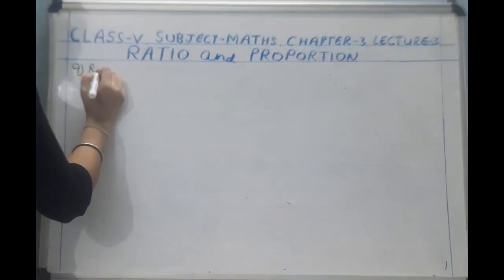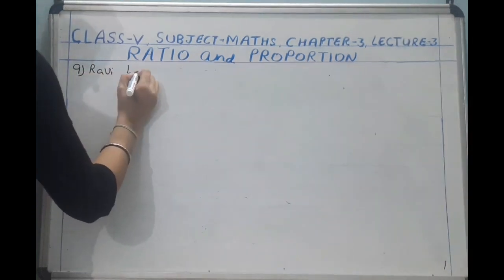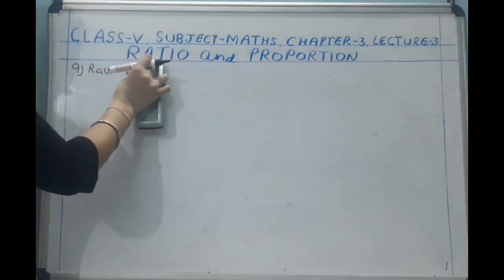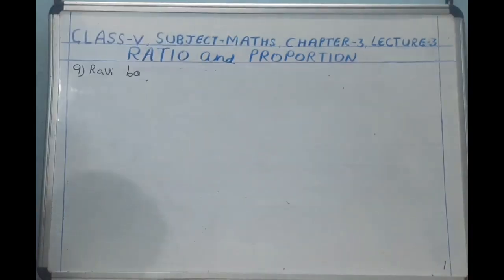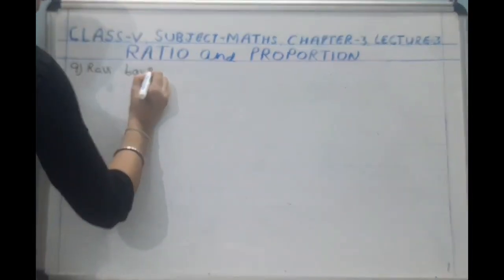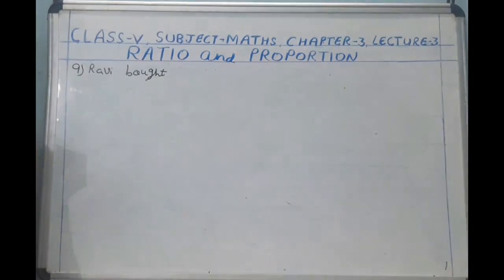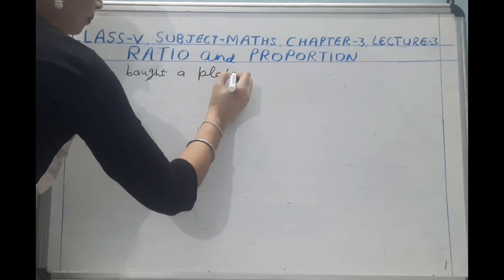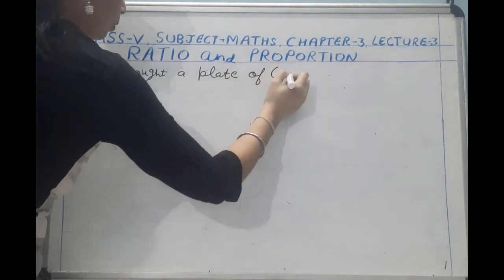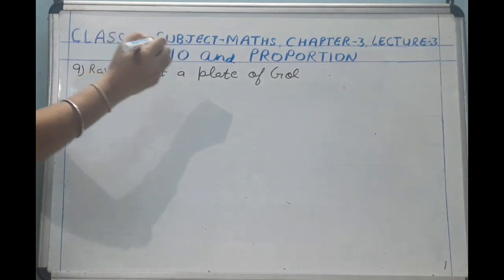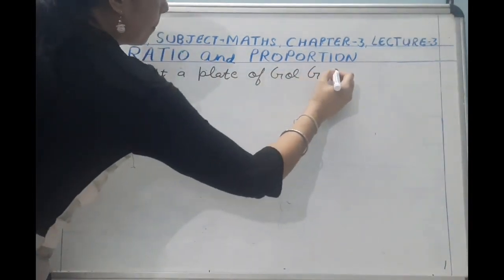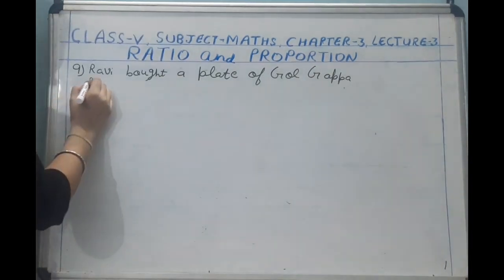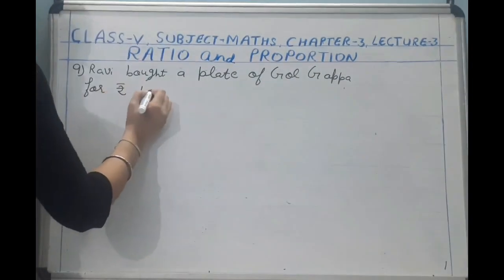Ravi bought a plate of Golgappa for ₹12.